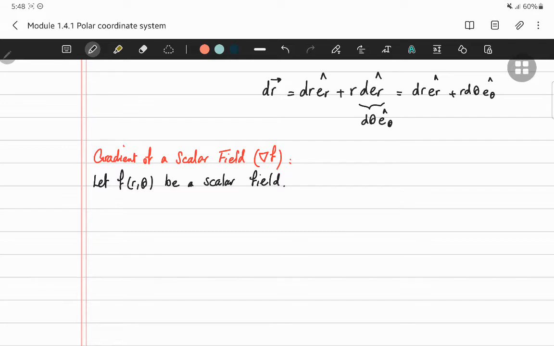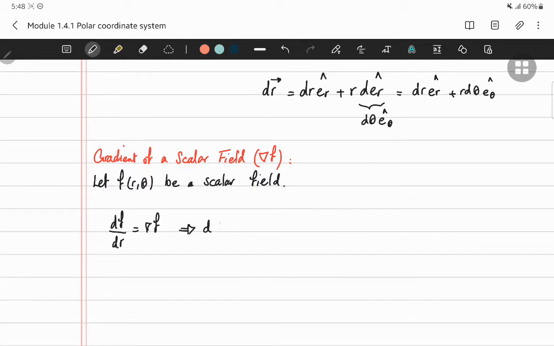So we had this definition based on the previous video that df is equal to the gradient of f dot dr, where f was a scalar field.